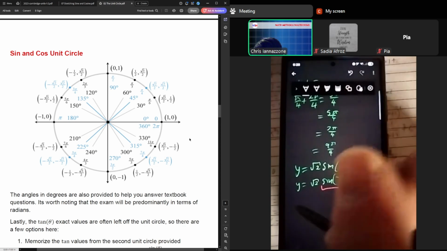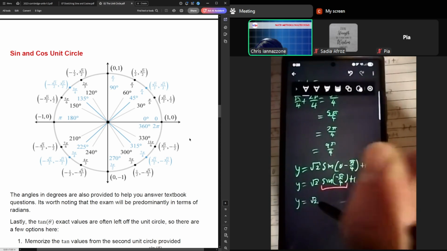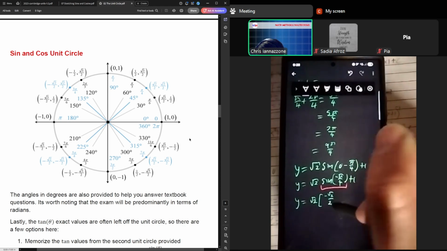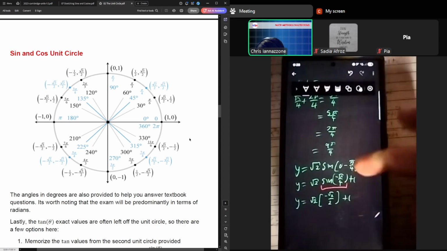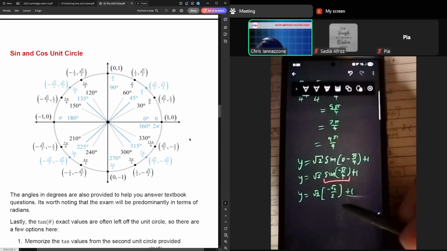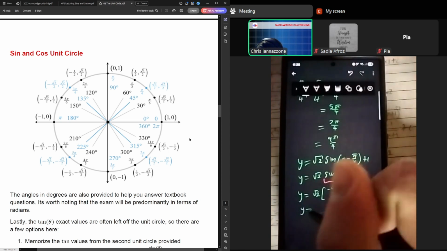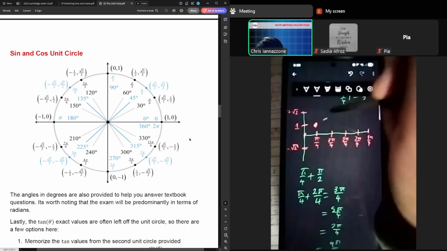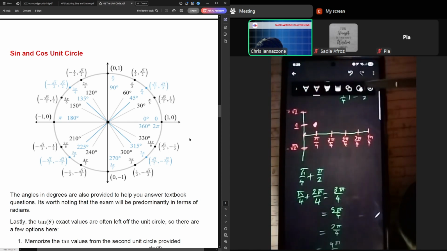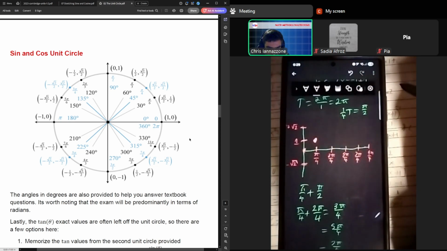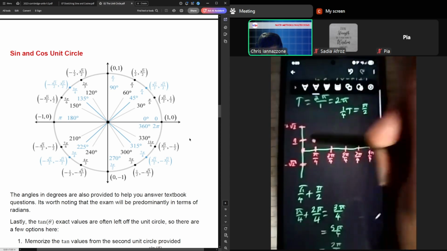So that means we now have y equals root 2 multiplied by negative root 2 on 2 plus 1. Root 2 and root 2 cancel into just 2. Negative 2 on 2 is negative 1. And then negative 1 plus 1 makes 0, which maybe could have been seen, but hitting 0 is pretty hard to spot. It's not one of our key features necessarily.